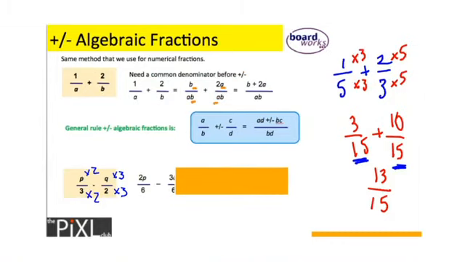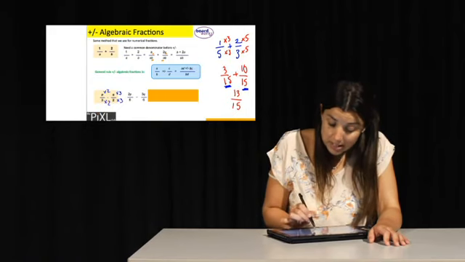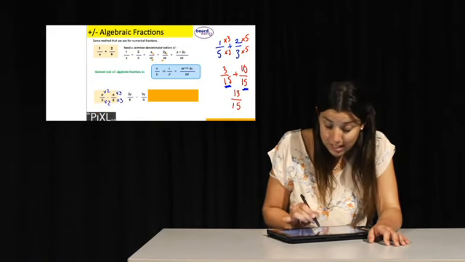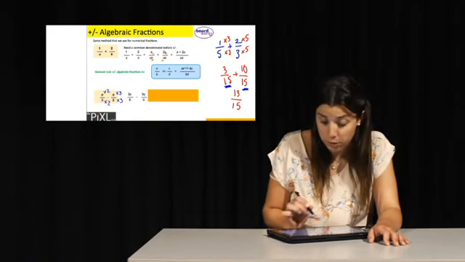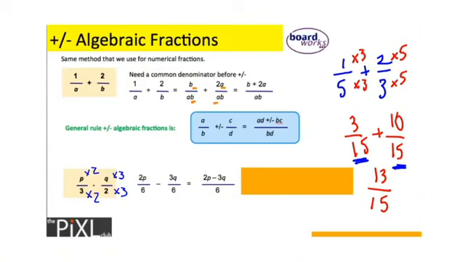If we do that, we're left with 2p over 6, take away 3q over 6. We can then simply do the subtraction as our denominators are the same. They are both 6. And our final answer is just 2p, take away 3q over 6.